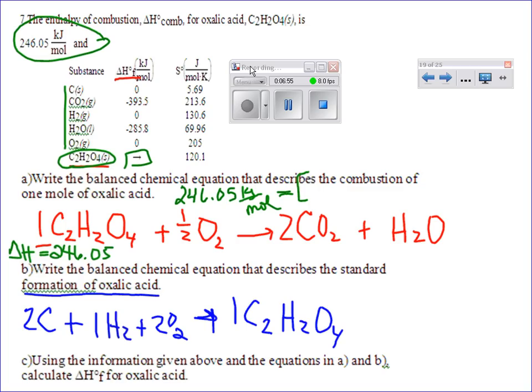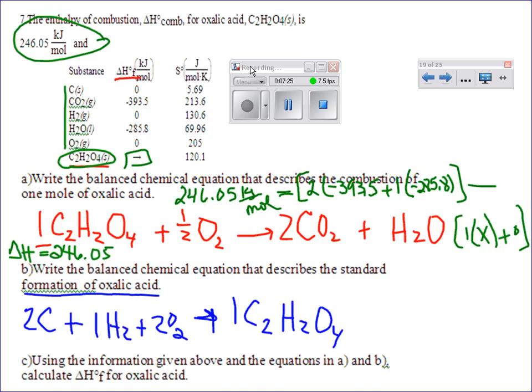I'm going to multiply 2 times CO2, products minus reactants. CO2's H is negative 393.5 plus 1 times water. Water is negative 285.8. Y'all see where I'm getting all these, correct? Products minus my reactants. I've only got 1 reactant, and that's what I'm looking for. That's my X. And then that oxygen's a free element, so that's going to have an enthalpy of 0.